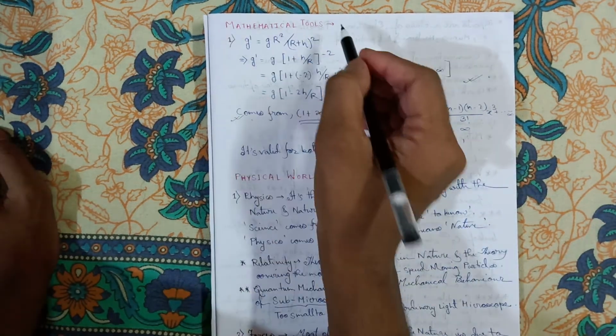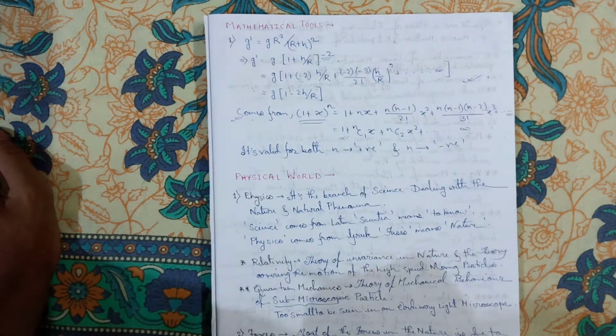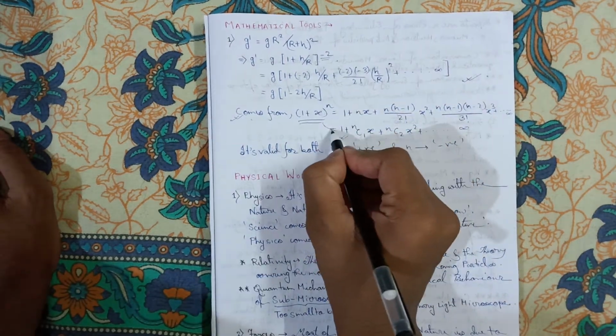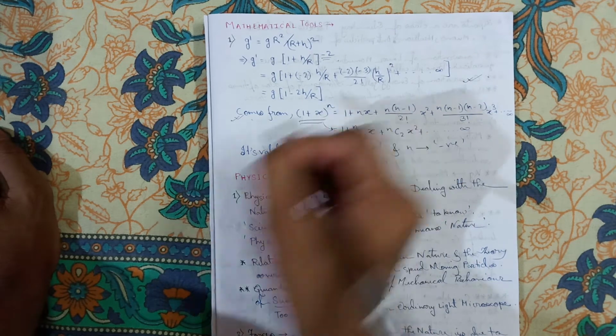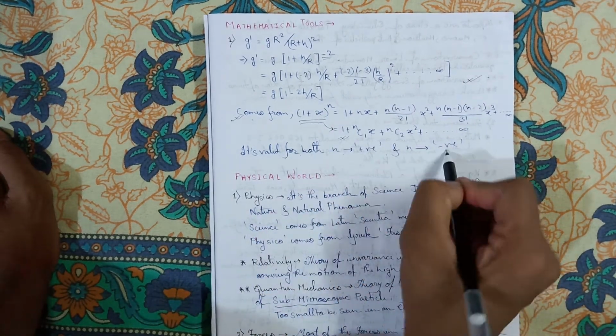But here you can see that the exponent is negative, and this formula is only valid for positive n. But I write that it's valid for both negative and positive n.